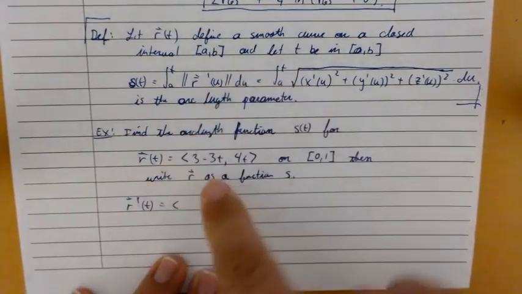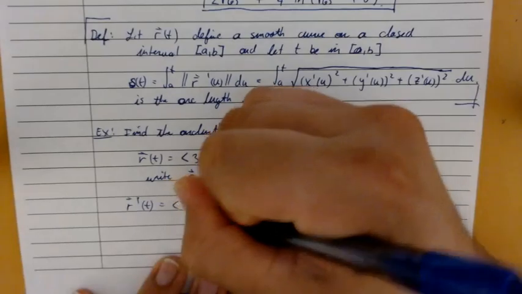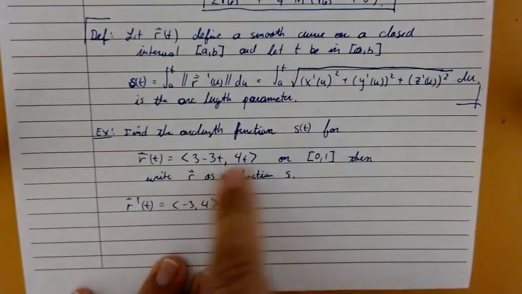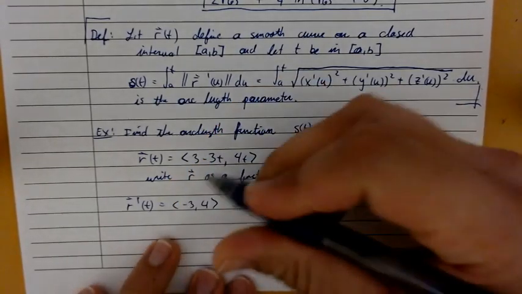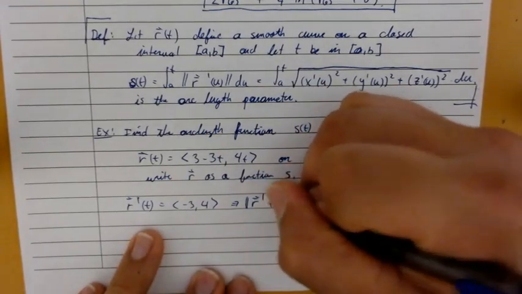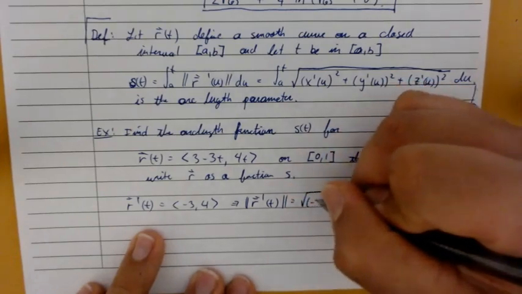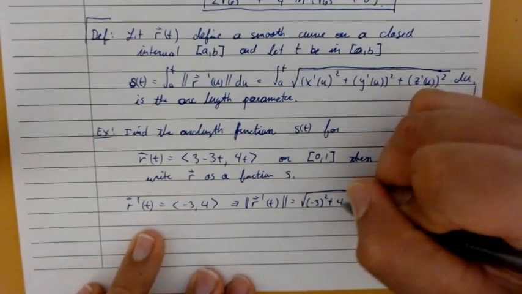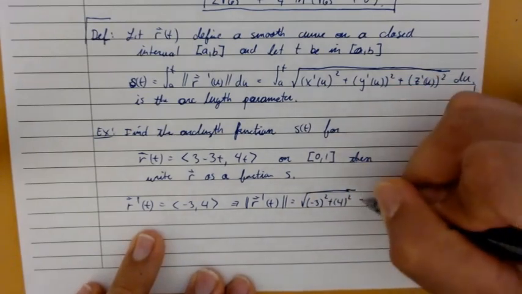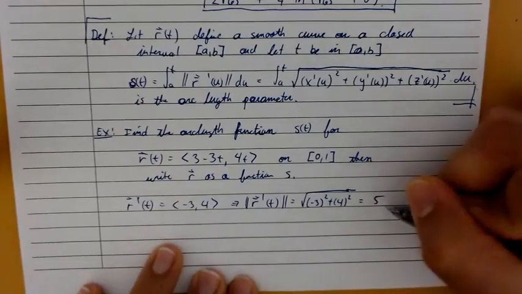That's going to be given by, let's see, negative 3, comma 4, okay, taking the derivative of each component. And then we're going to want the magnitude. So the magnitude of r prime of t is equal to the square root of the sum of the squares of negative 3 and positive 4. In other words, it's equal to the square root of 25, which is just 5.